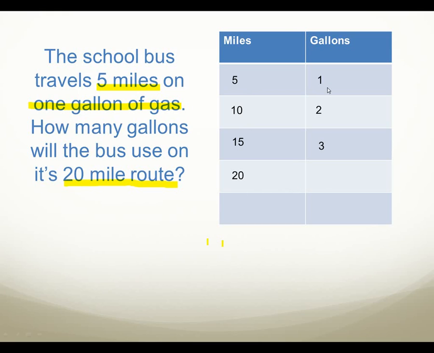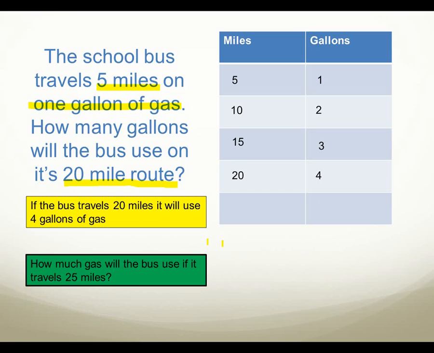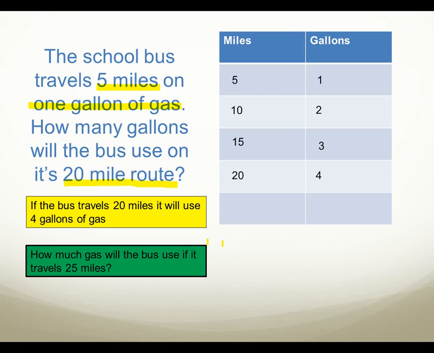Okay, and then how many gallons of gas will the bus use? I think you can guess it. 1, 2, 3. You're right if you said 4, okay? If the bus travels 20 miles, it will use 4 gallons of gas. Think about this question. How much gas will the bus use if it travels 25 miles? Okay, we're going to come back to that after we're done.